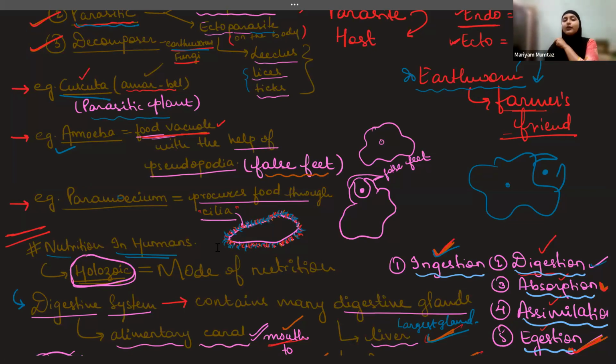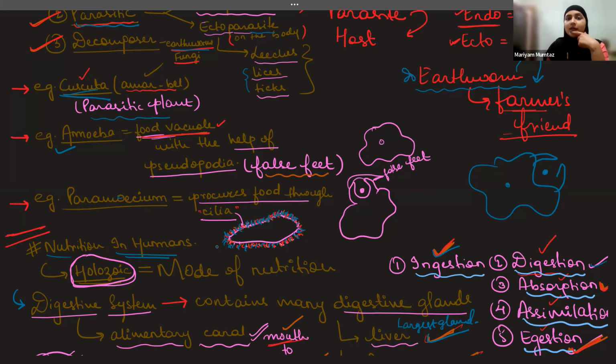Like I said, all plants, mostly the green plants, are capable of making their own food, which is why we put them in the autotrophic category. But there are some plants that cannot make their own food, such as Cuscuta, commonly known as amarbel. It is a parasitic plant, present on other plants and deriving nutrition from them. So Cuscuta, commonly known as amarbel, is a parasitic plant.